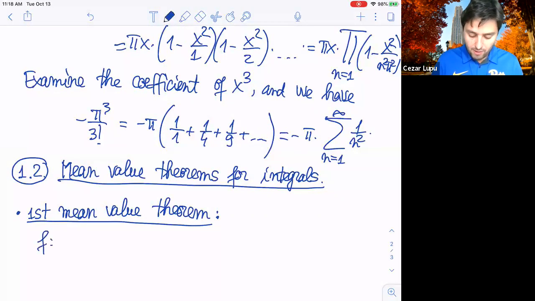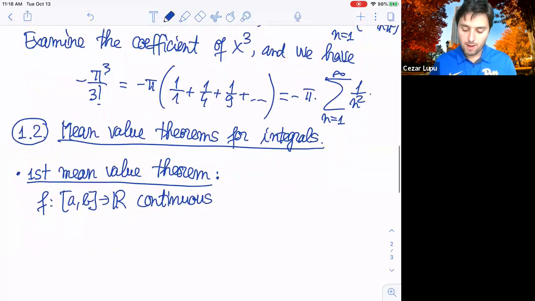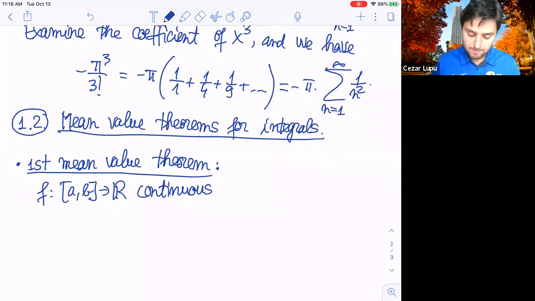So if I have a function which is defined on a closed and bounded interval [a, b], which is continuous, then we have the following.